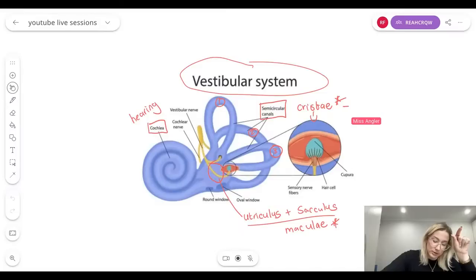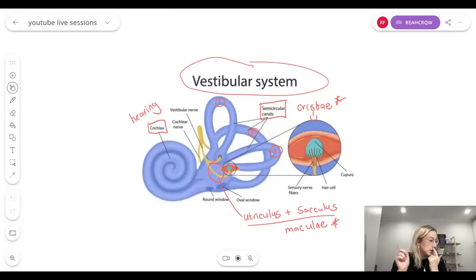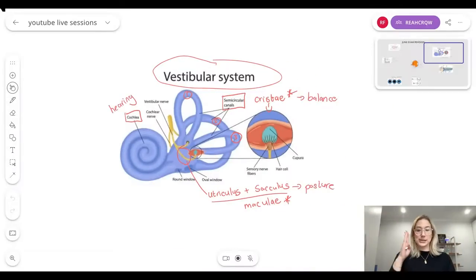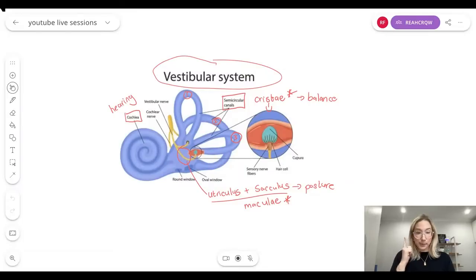Your semicircular canals are for your balance. Sorry, everyone. Balance. And that makes sense because if you're moving forward or backwards or left or right, you need to know, where's my balance? Okay, so balance is cristae. Your utriculus and sacculus, that is posture. And that makes more sense because if I say the word posture, I want you to think of sitting upright. Your brain wants to know if you are sitting upright or not. So that's why it's posture.